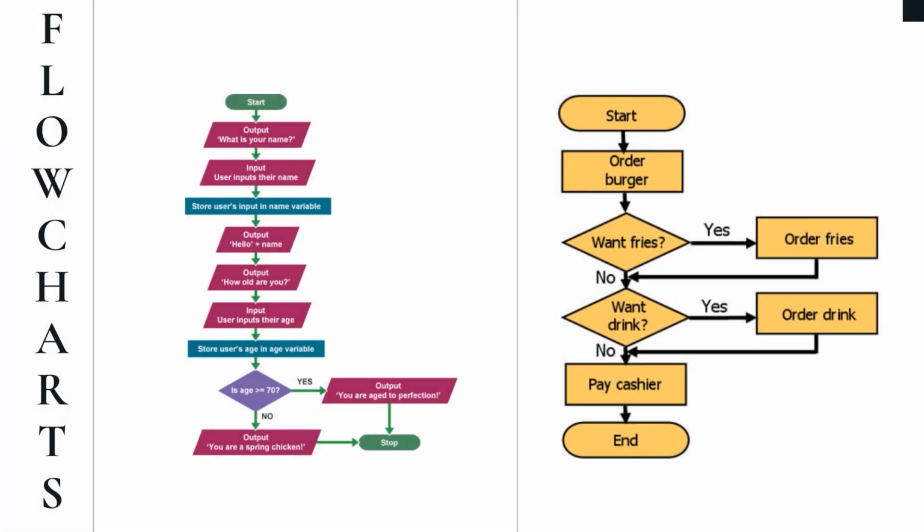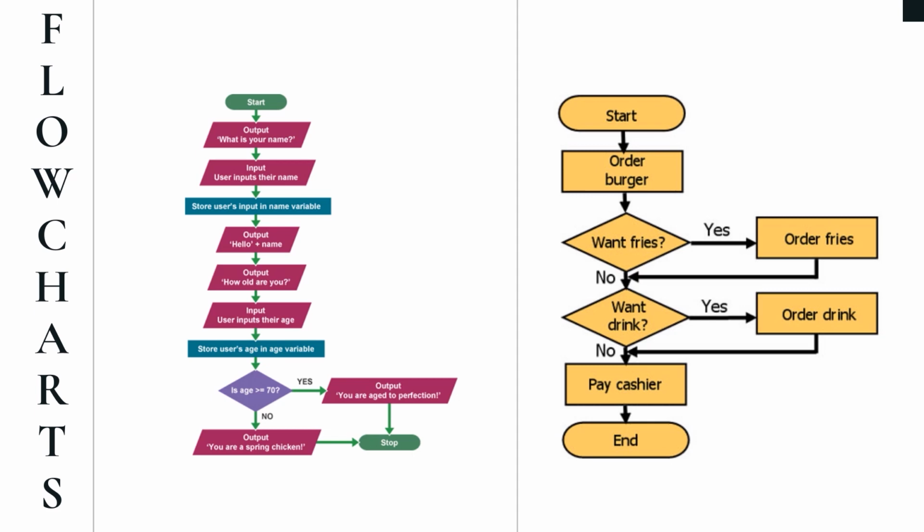Here, as we can see, there are two flowcharts as an example for algorithm. Let's take this yellow flowchart as an example. Okay, we need to start with a start first, and then we want to order a burger.